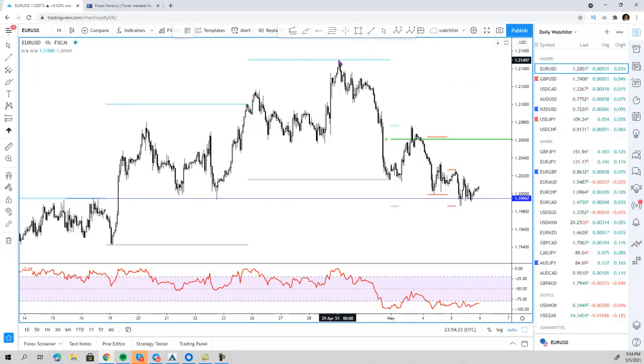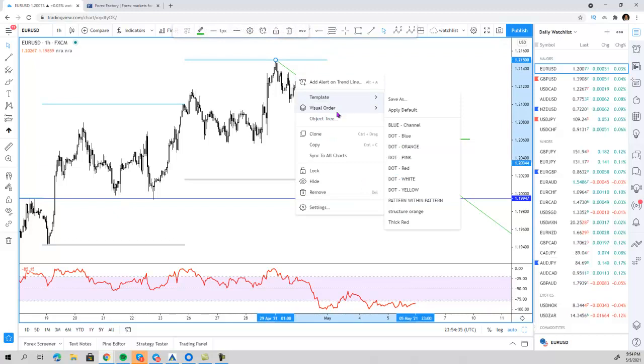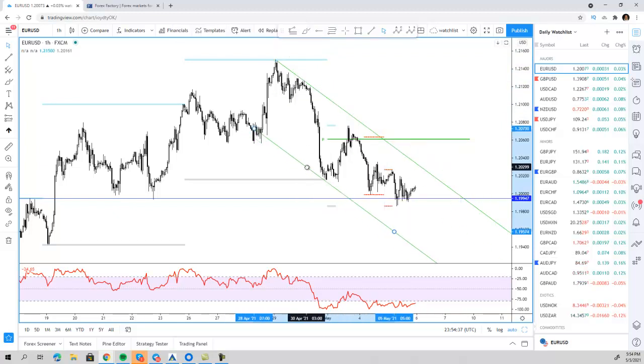And if you notice, we are again making somewhat of a falling wedge right here at the bottom of the bearish move. Now let's clone this just to have a look at the actual structure.